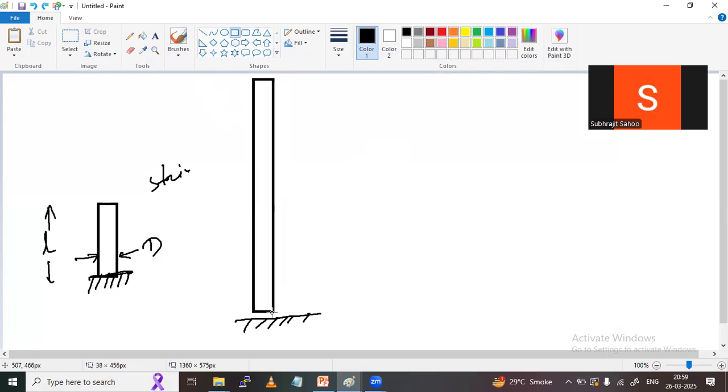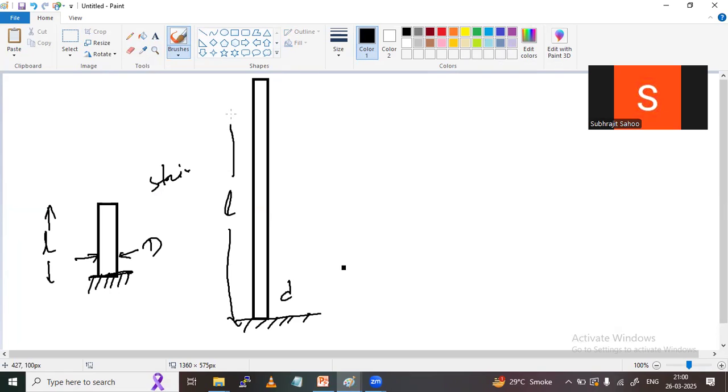The diameter is not changed, the diameter is D, but the length is more here. Then what will happen, sir? Can you guess what effect will be produced? Sir, this shaft will slowly bend like this, right?